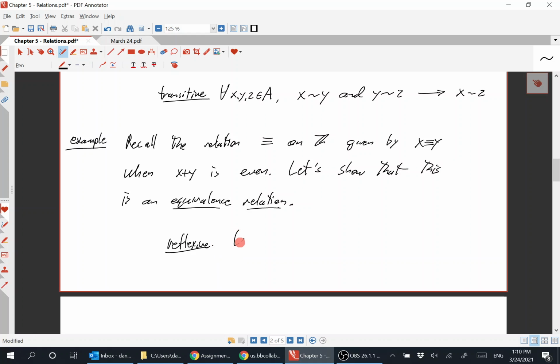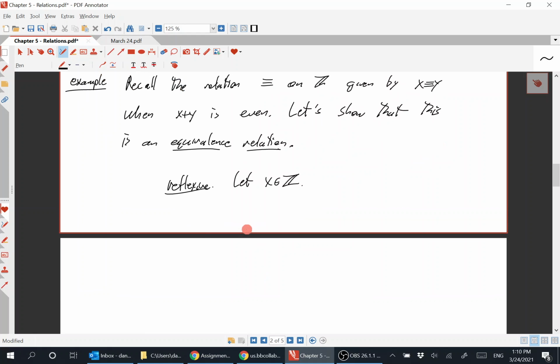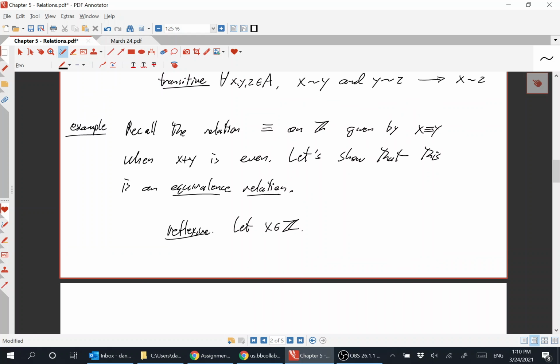Let x be an element of Z. What does it mean for x to be related to x, in terms of things we know about?